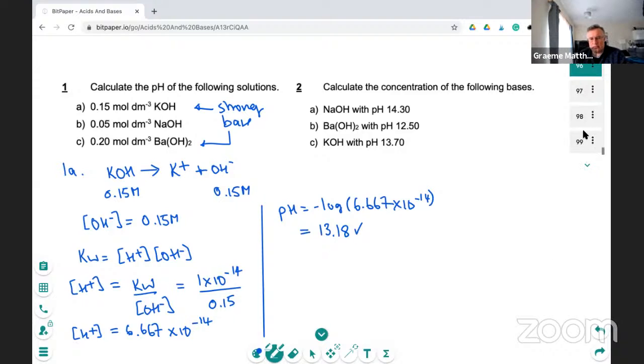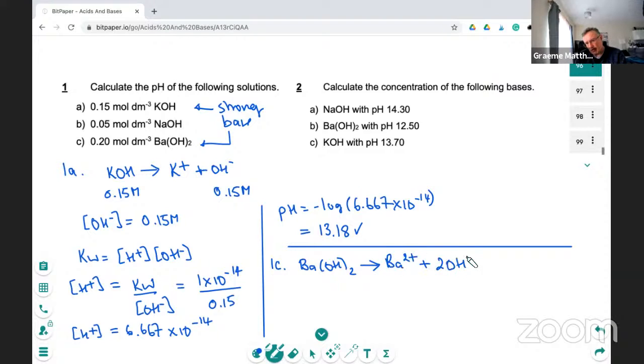And I tell you what, let me do one. Let's do 1C. Okay, so on this one here, a 1C. I'll do this one because again, it's a 1 to 2 correspondence. So you've got barium hydroxide, arrow goes to barium 2 plus and 2 hydroxides.